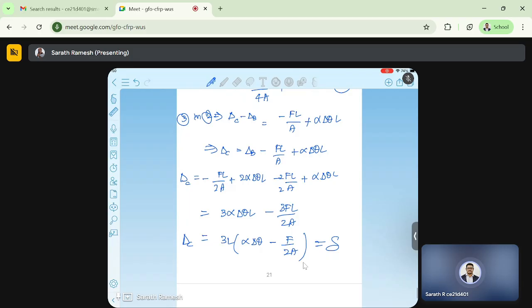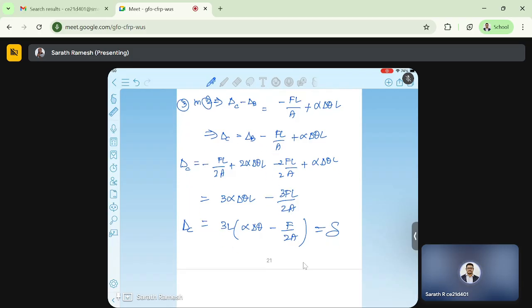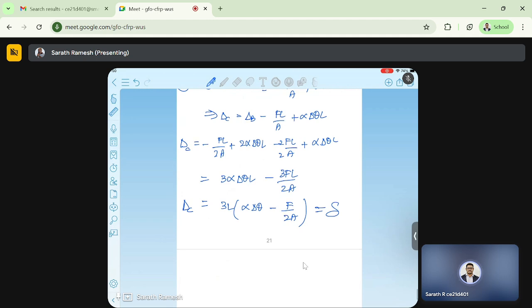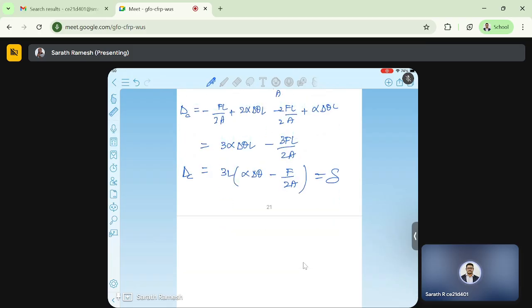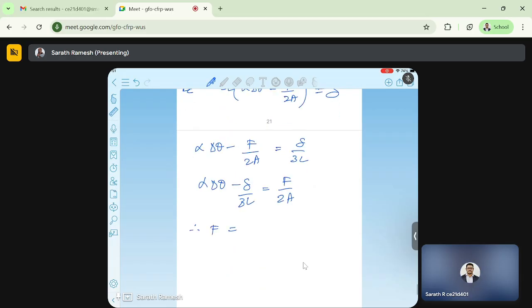Now, what is the minimum gap required so that no internal stress should be there? For that, I need an expression in terms of F. So alpha delta theta minus F by 2A equals delta by 3L. So alpha delta theta minus delta by 3L equals F by 2A. Therefore F equals alpha delta theta times 2A minus 2A delta by 3L.